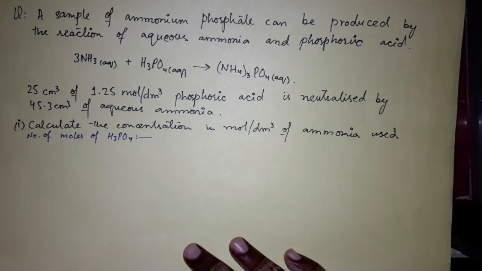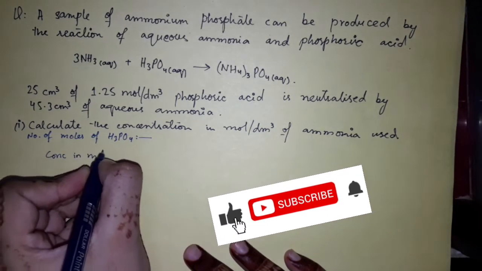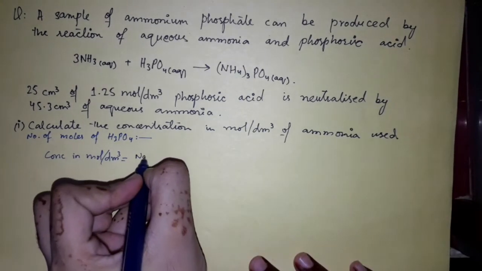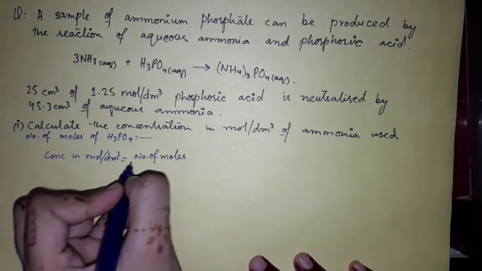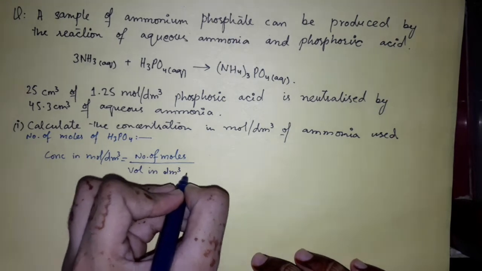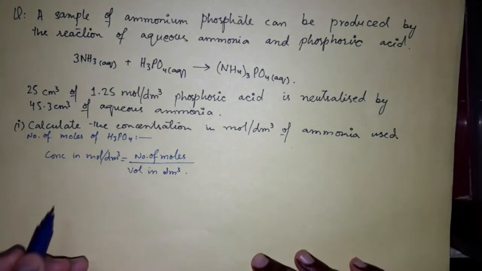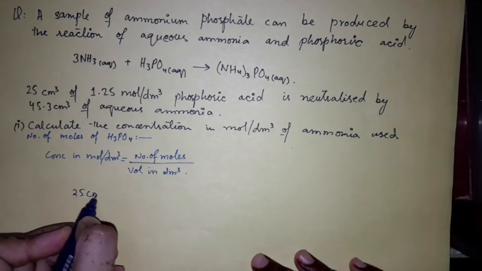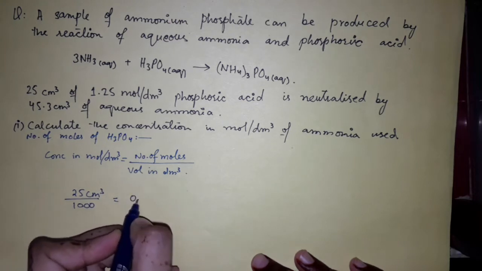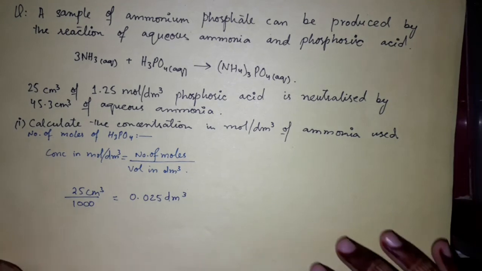The formula that we are going to use is concentration in mole per decimeter cube equals number of moles divided by volume in decimeter cube. We are given volume in centimeter cube, so we convert it: 25 centimeter cube divided by 1000 equals 0.025 decimeter cube. This is the volume of phosphoric acid in decimeter cube.